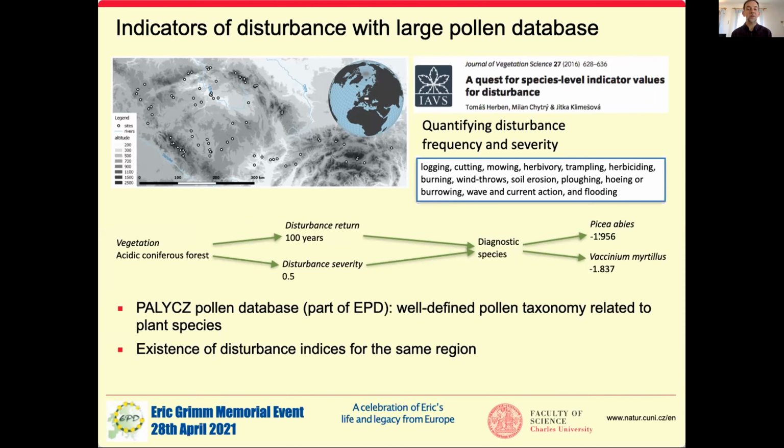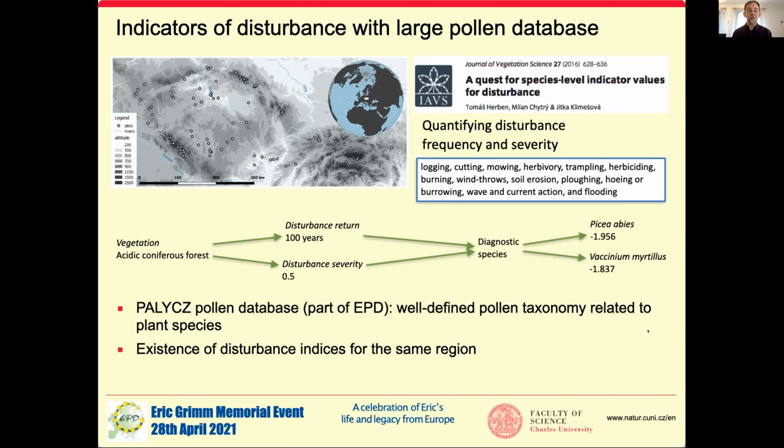There is a paper about it, with a scheme of how this disturbance index is developed and how it works. We tried to connect it with our pollen data, which spans the Czech Republic, Slovakia, part of Germany and Poland.